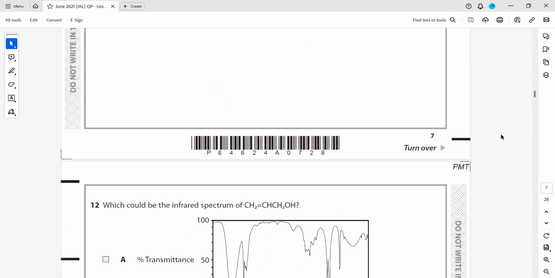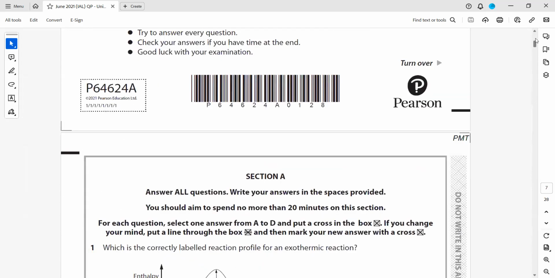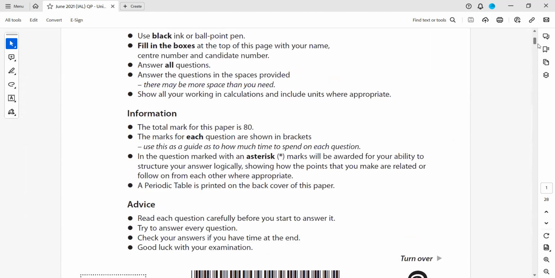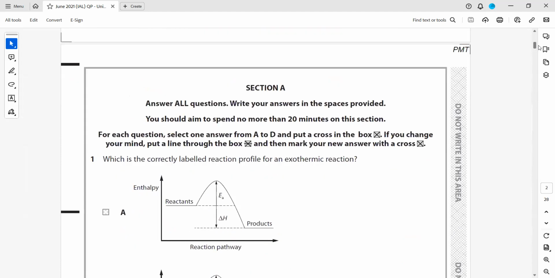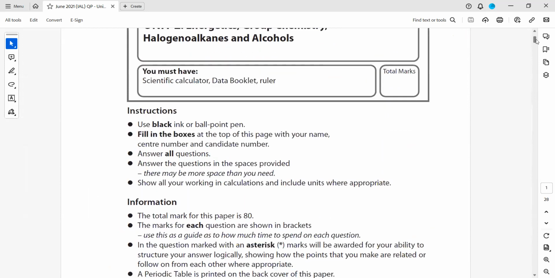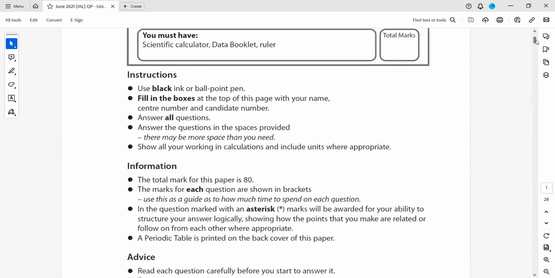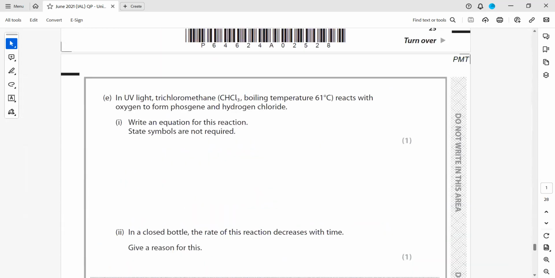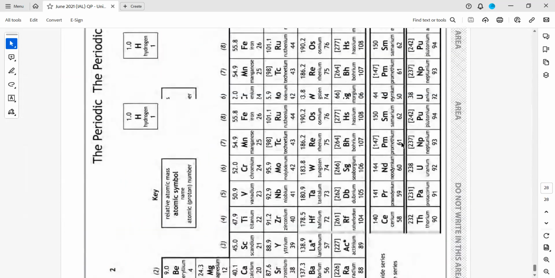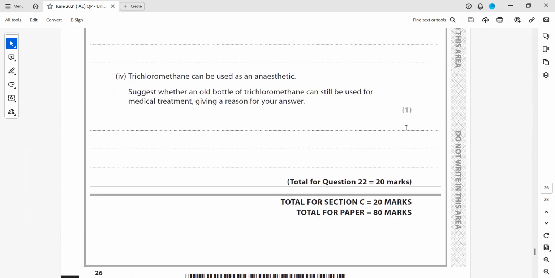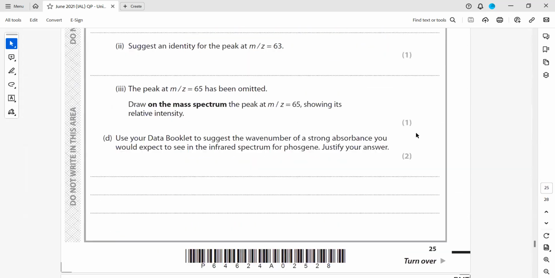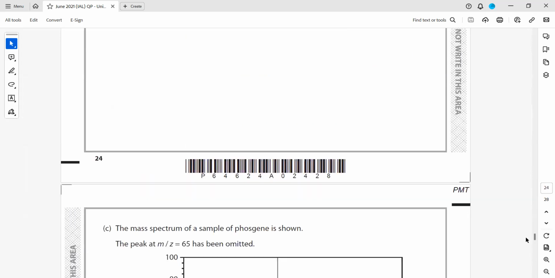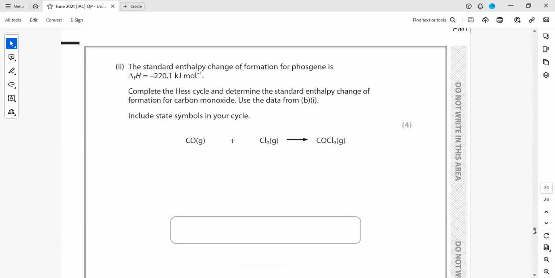So usually they provide a data booklet because wave numbers are not supposed to be memorized, or it might be given in the question. Just let me check. Because without knowing the wave number, you cannot predict the percentage transmittance.